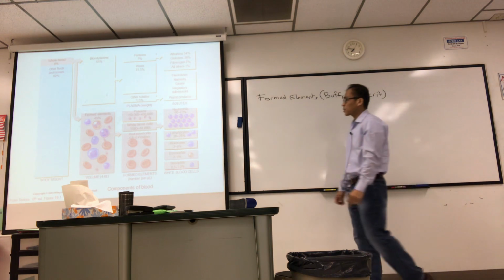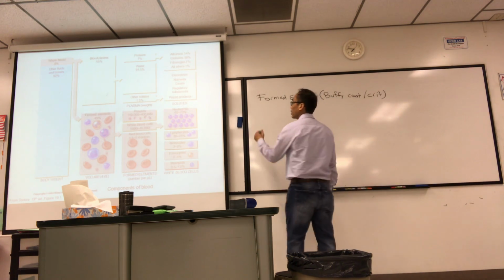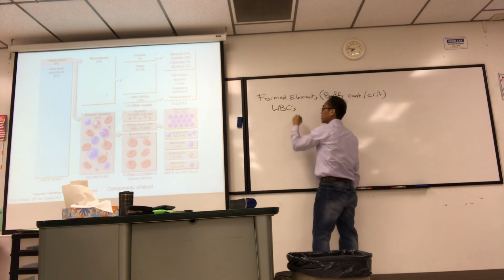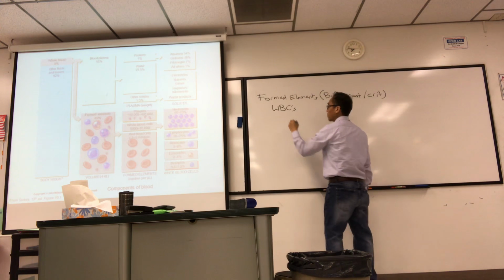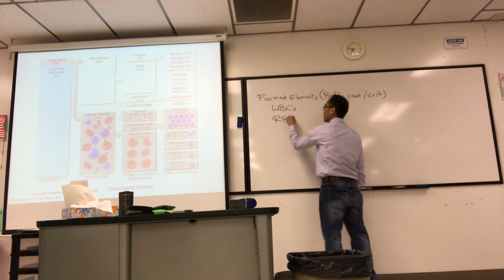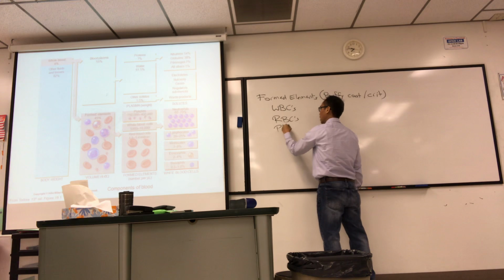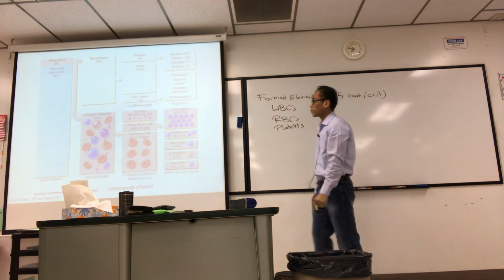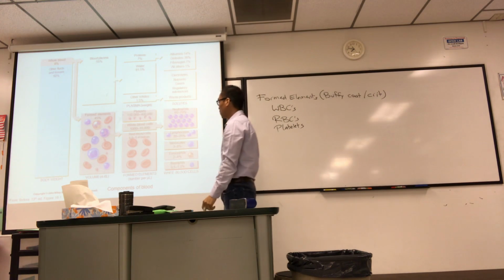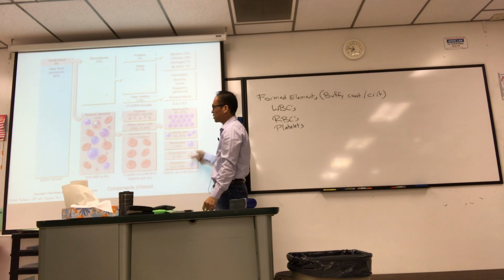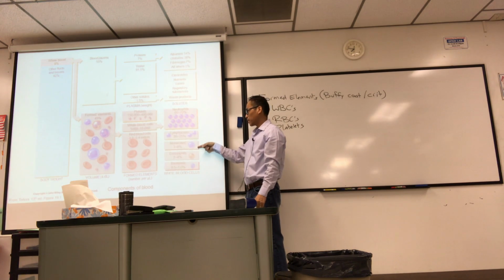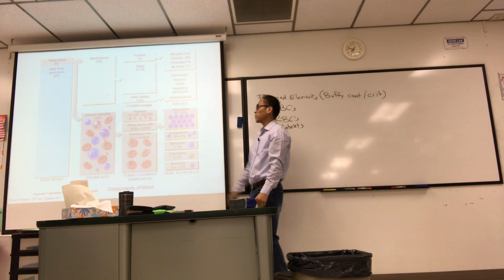The formed elements include the white blood cells, sometimes I just say WBCs, the red blood cells, the RBCs, and platelets. The white blood cells include the neutrophils, the lymphocytes, the monocytes, the eosinophils, and the basophils.